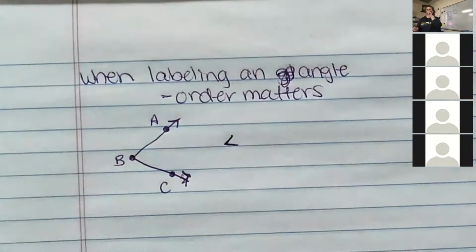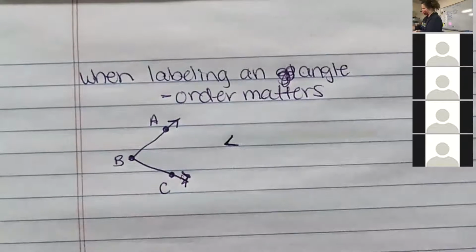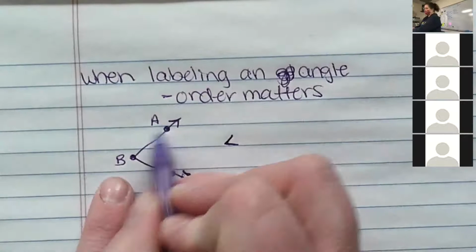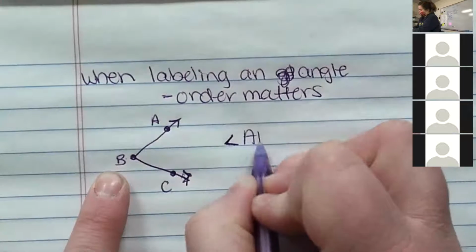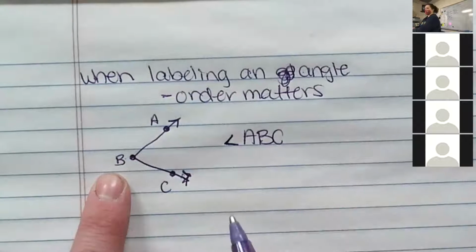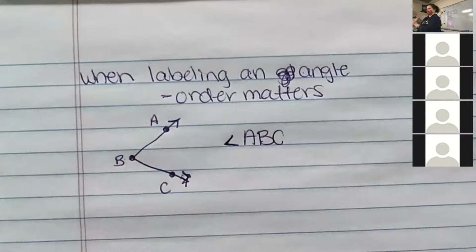That's the first thing. And angles are represented by 3 letters, except there's an exception, but let's just do that first. So I can say angle ABC for this angle. Order matters. This B, that vertex, has to be in the middle.